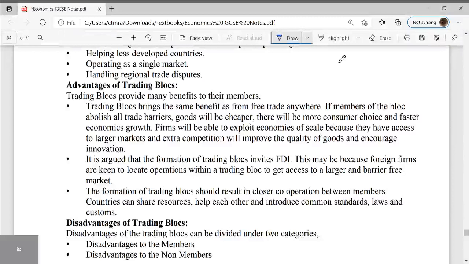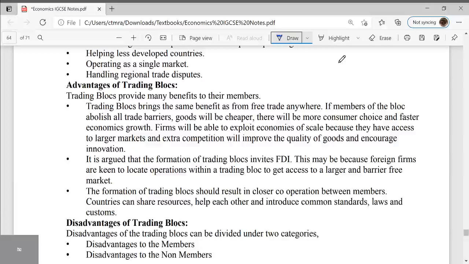Then also, because of the formation of this trading bloc, FDI is coming. That means between countries there will be lots of trading, and the formation of a trading bloc should lead to closer cooperation between members. When you're forming this trading bloc, every time you're trading, one country is becoming a consumer, another country is becoming a supplier.